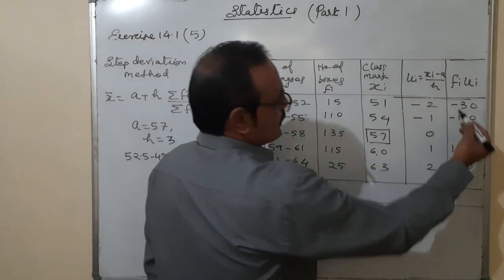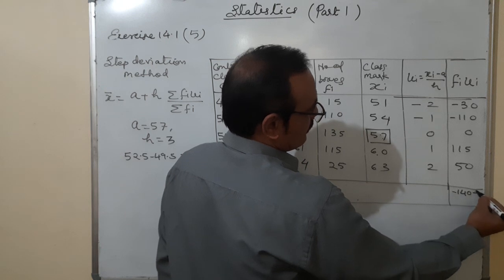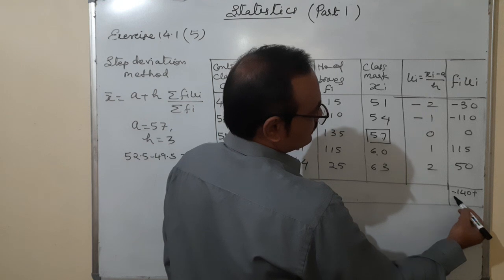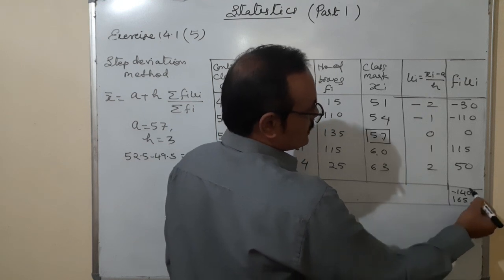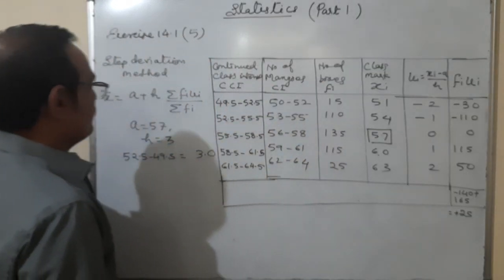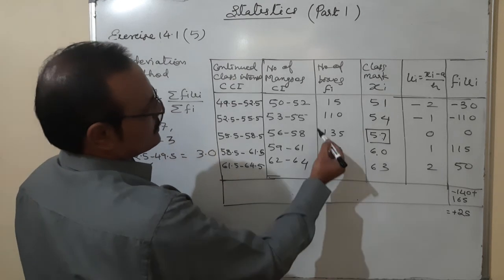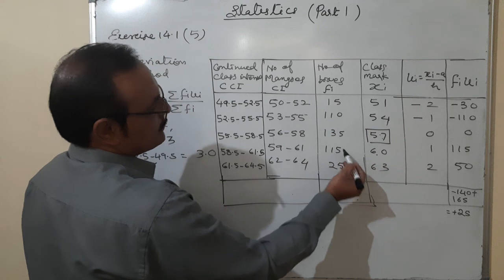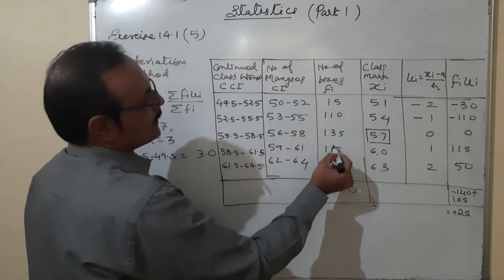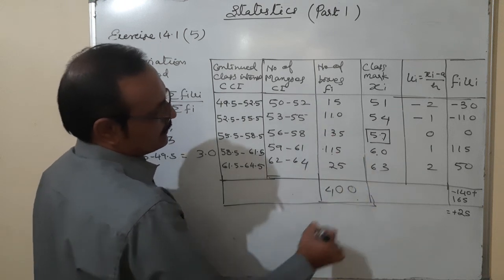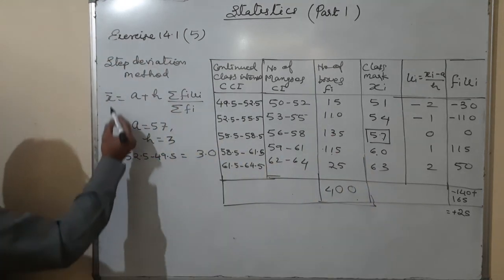So minus 140 plus 165 gives 25 with plus. And this is the Fi column. What is the value of the sum of Fi? It is 400. Put the value here.